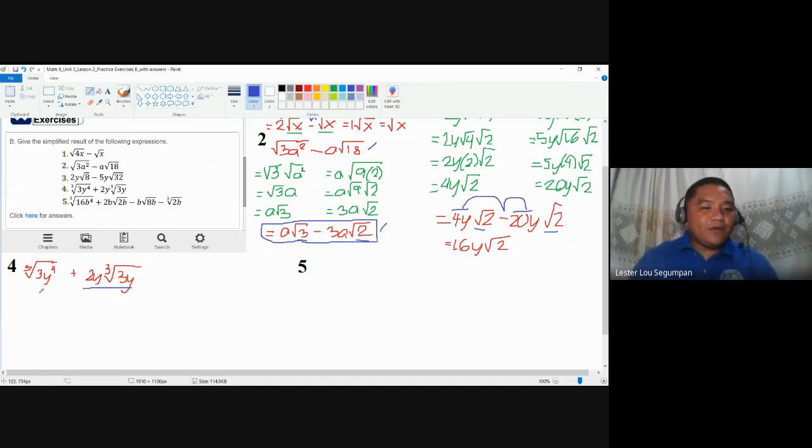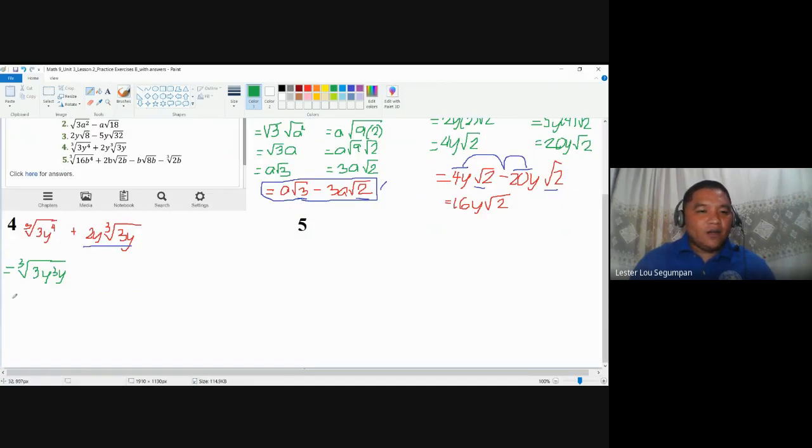But for the first term, we can simplify y to the power of 4 because we can rewrite this as cube root of 3 times y cube times y, because y cube is a perfect cube. So we have cube root of 3, cube root of y cube, and then cube root of y. The cube root of y cube can be simplified, the others cannot.